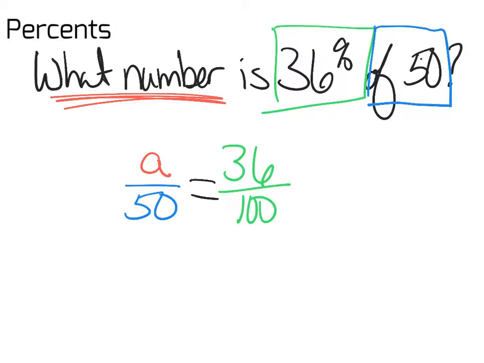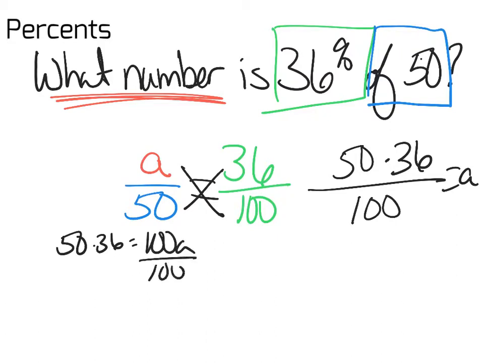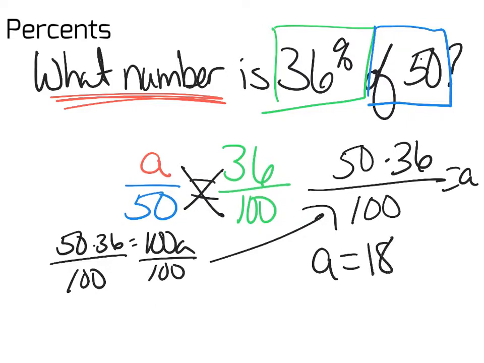Again, I'm going to cross multiply, and I get 50 times 36 divided by 100 equals A. If you want to work that whole thing out, 50 times 36 equals 100A, and then I have to divide to get this: 50 times 36 divided by 100 equals A. If I plug that into my calculator, I get that A equals 18.